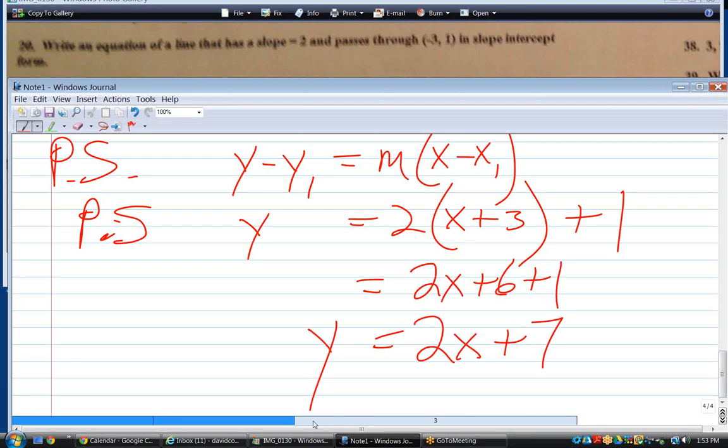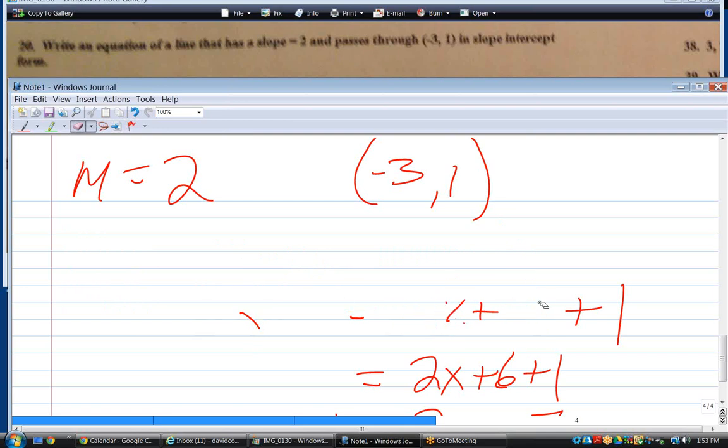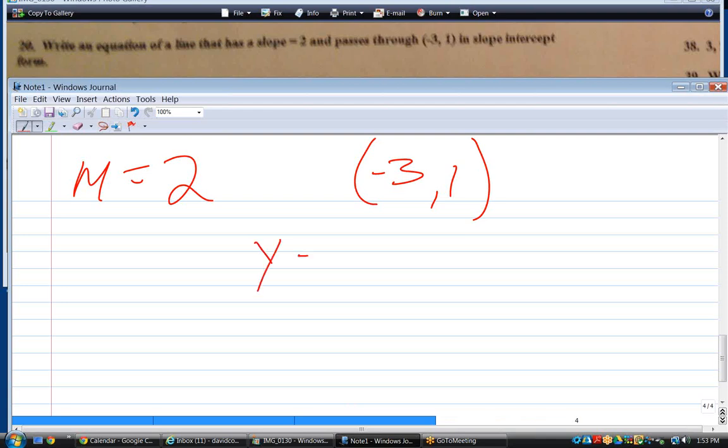I want to do this problem the other way, the way you were doing it the other day. I think it's useful to know multiple ways to do a problem. I really do. I'm not trying to confuse you, but let's figure out how to solve it using just slope-intercept. Slope-intercept is this.